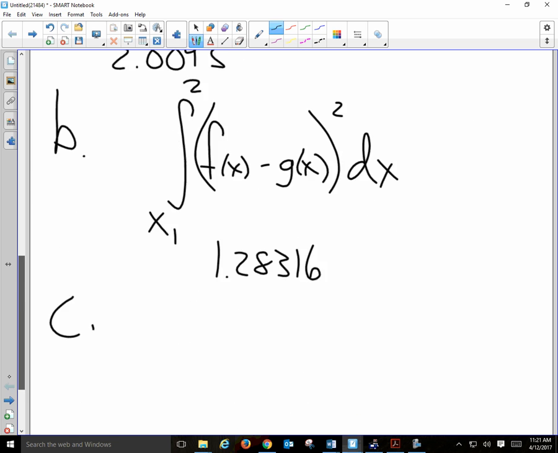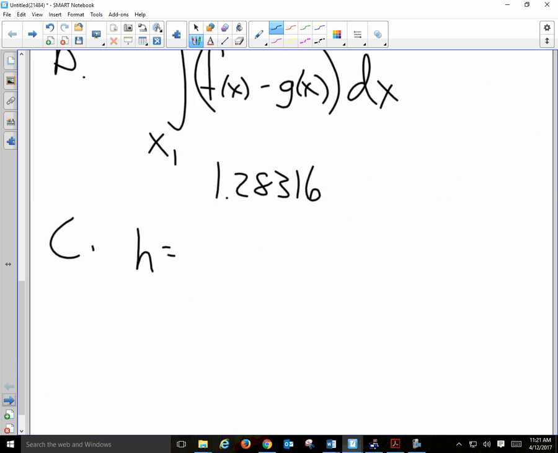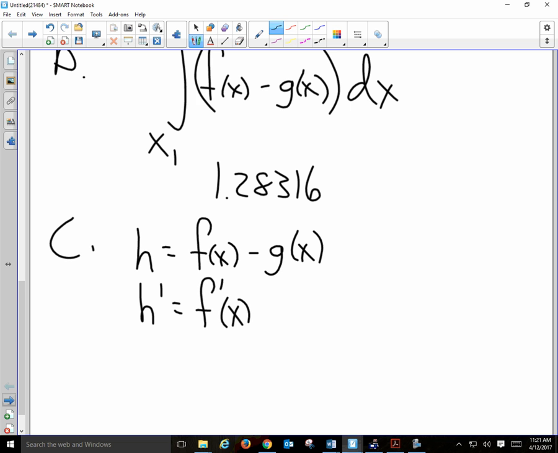How do we even find h to begin with? Yeah, it's just the top minus the bottom. F of x minus g of x. That's all it is. So if we want to find h prime, we just find the derivative of that, right? So f prime of x minus g prime of x. And we use it at x equals 1.8, apparently, is what they want.